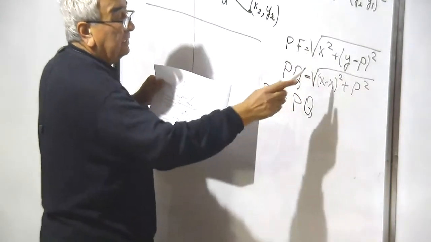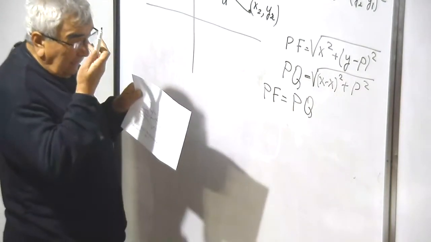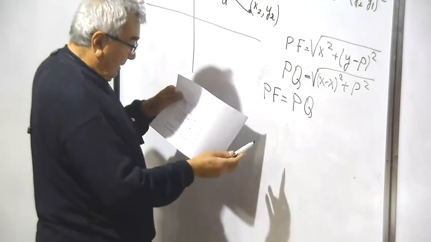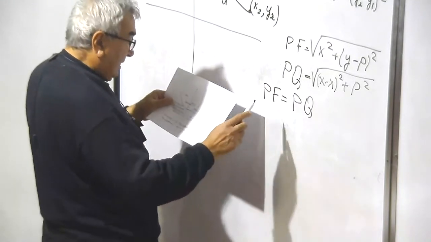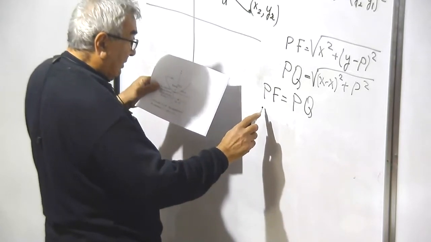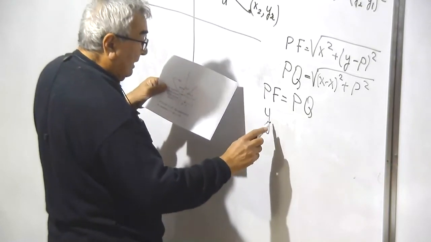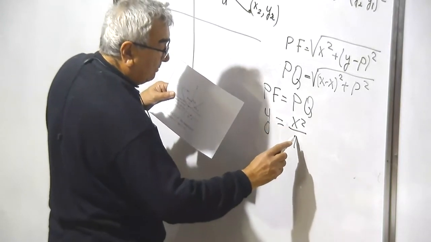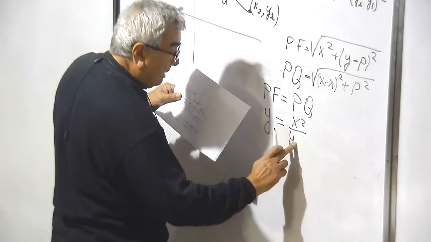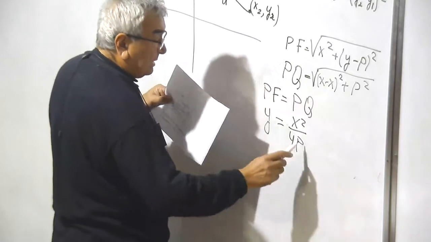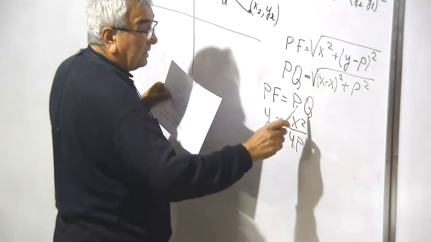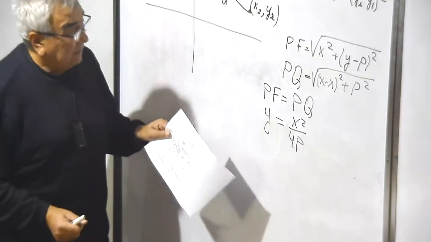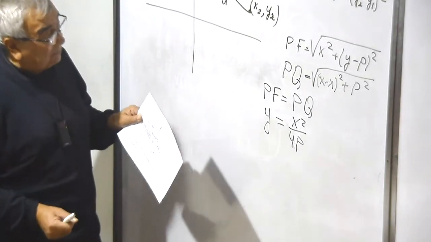Equating these, taking the square and making some manipulation, you receive the following equation: y is equal to x squared divided by 4p. This follows from this equality. I will omit the steps, you can do the manipulation yourself.